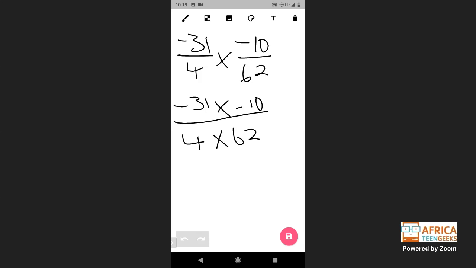If it's negative, then no. So when you multiply a negative number by another negative number, your answer will be positive, right? So we will have 310 as our positive number from multiplying negative 31 by negative 10. And then our answer for 4 multiplied by 62 will be 248.